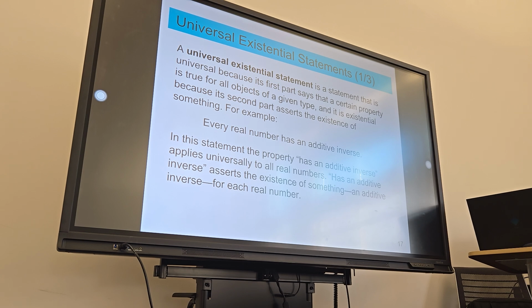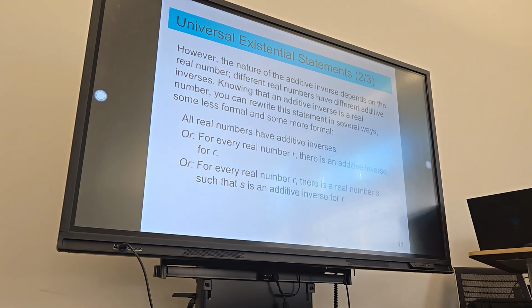"Every real number" makes it universal, and "has an additive inverse" asserts the existence of something, that the additive inverse exists. The nature of the additive inverse depends on the real number, so different real numbers have different additive inverses.